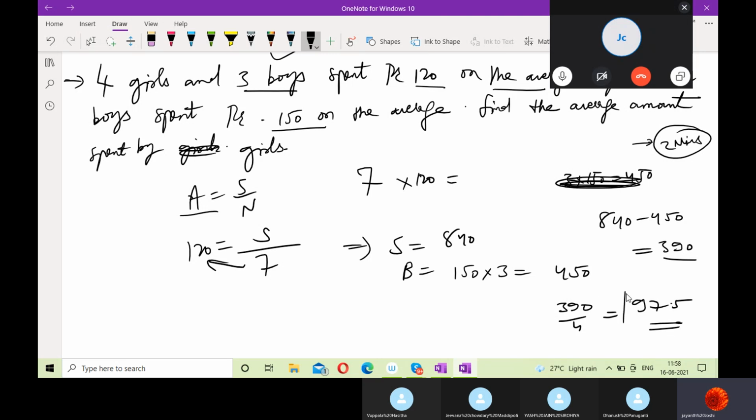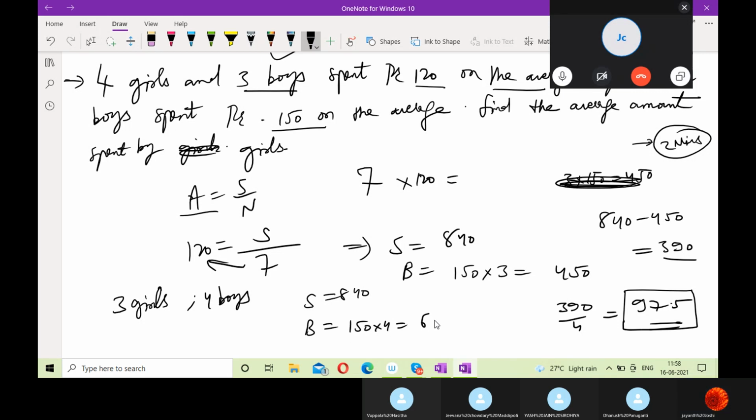So please check your answer. 80 is a wrong answer. If it would have been 3 girls and 4 boys, then your answer would have been correct. How? See, total is 840. Boys will spend how much? 600. So 840 minus 600 is how much? 240.